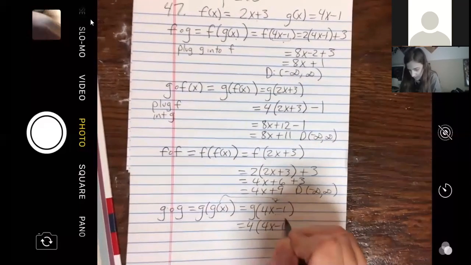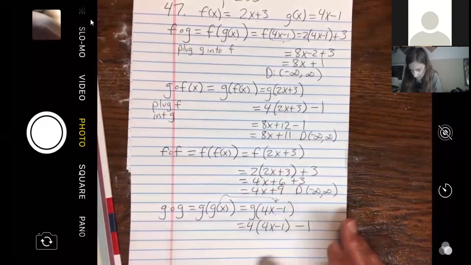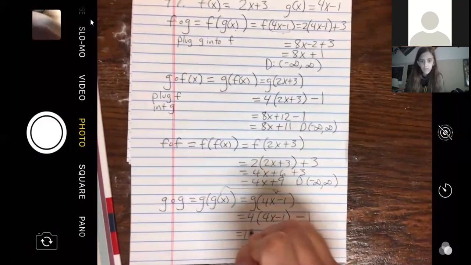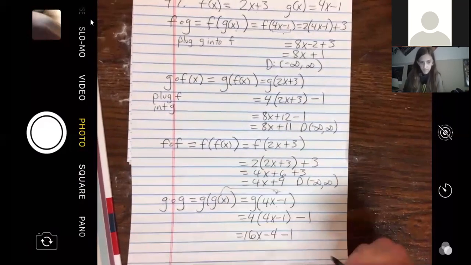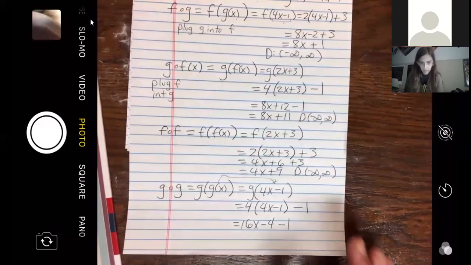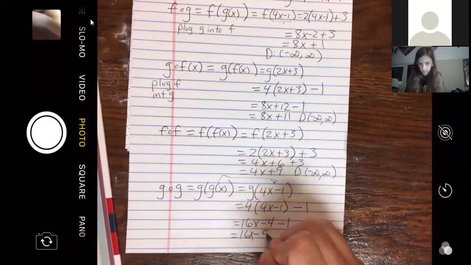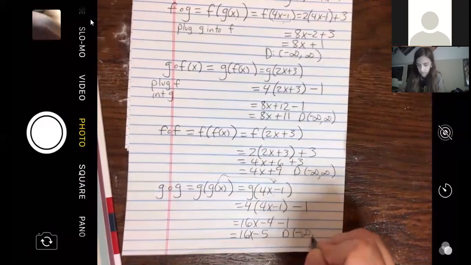That gives 16x minus 4 minus 1. 16x minus 5. No domain problems. Minus infinity to infinity.